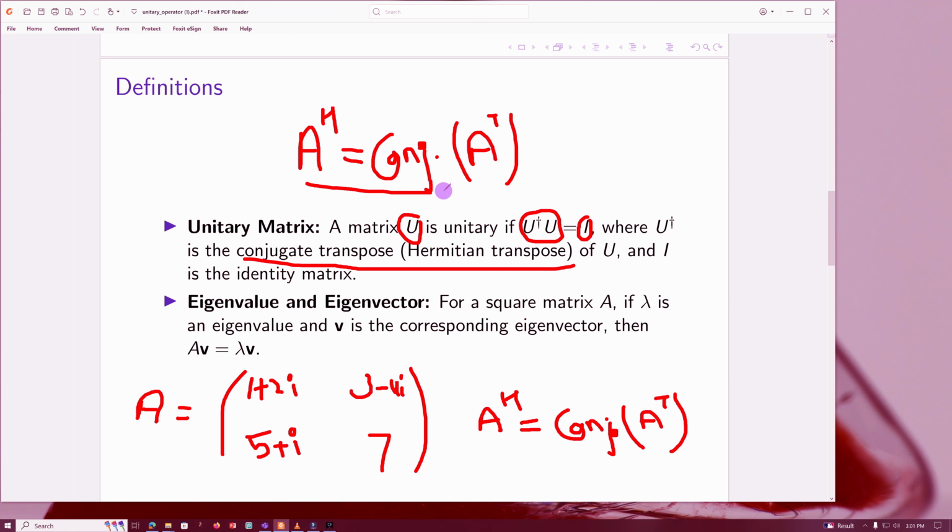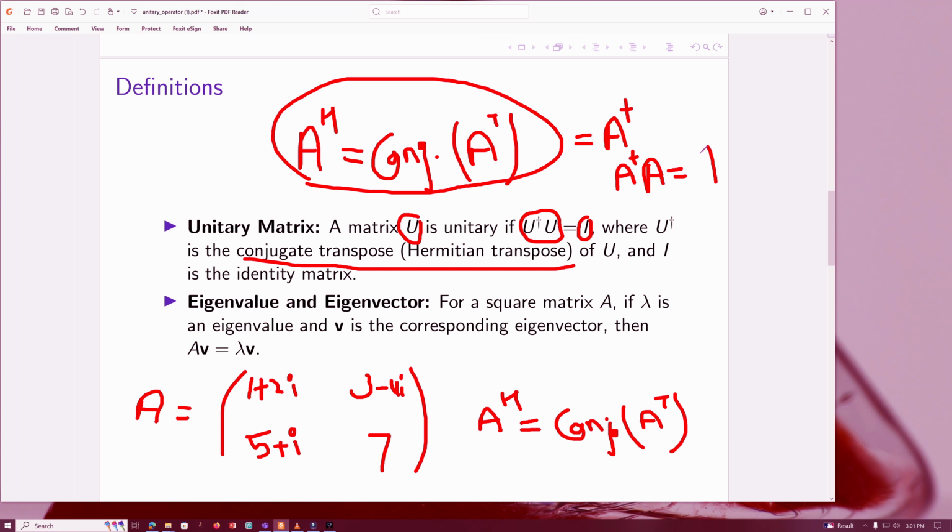So this is the Hermitian transpose. In other words, it is A dagger. If A dagger when multiplied with A gives an identity matrix I, then A is called a unitary matrix.